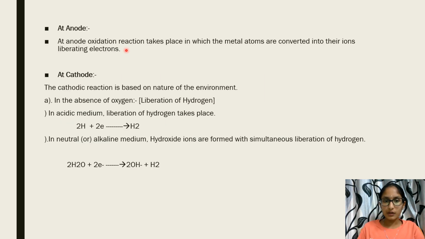At anode, the oxidation reaction takes place in which the metal atoms are converted into their ions, liberating some electrons. At cathode, the reaction depends on the nature of the environment. In the absence of oxygen, first, in acidic medium, the liberation of hydrogen takes place. Second, in the alkaline medium, hydroxide ions are formed with the liberation of hydrogen.